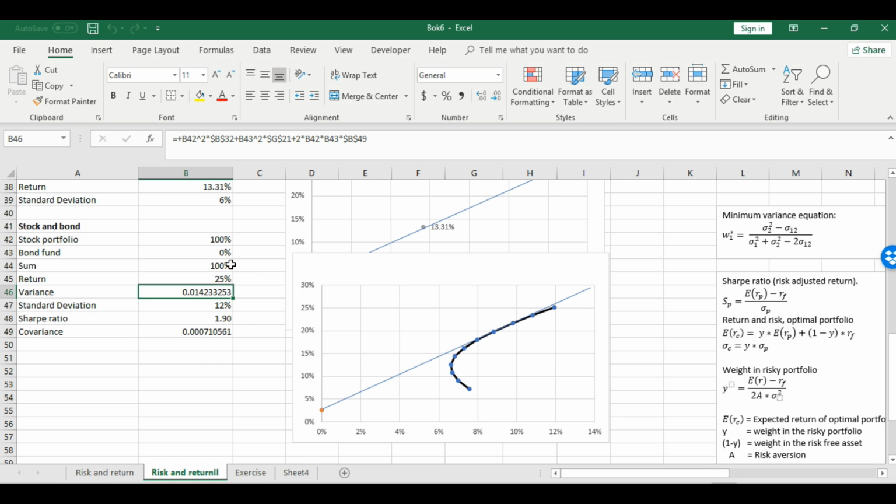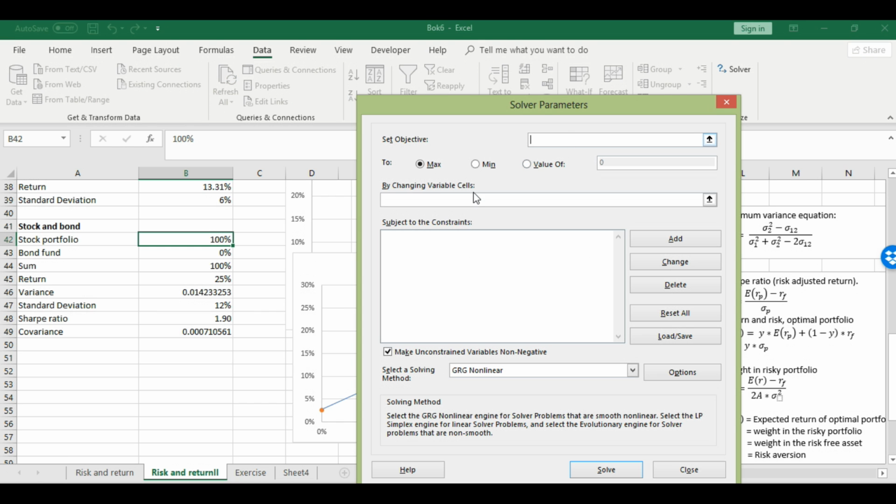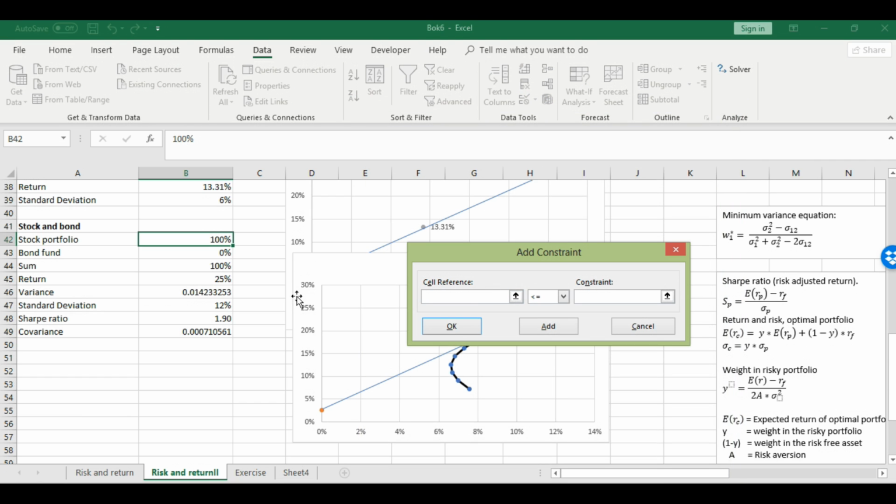And we will use solver to maximize the Sharpe ratio by changing the weight in the stock portfolio. So data, solver, set objective this cell to maximum value by changing this cell. Constraint, the sum must be equal to 100%.